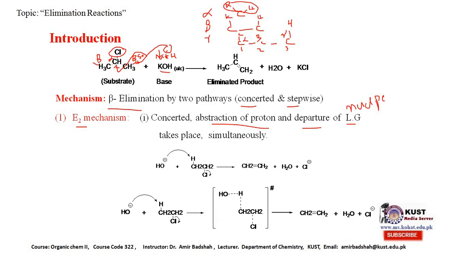Mechanistically it has been shown that the base abstracts hydrogen and the leaving group leaves, so the transition state is such that bond formation takes place between the hydroxyl and hydrogen, and at the same time bond breakage takes place between the carbon and hydrogen as well as between the carbon and the leaving group, and as a result we get the eliminated product along with water and the newly leaving group or nucleofuge.